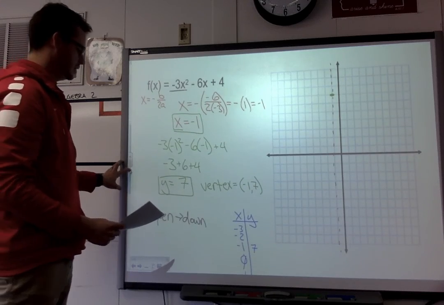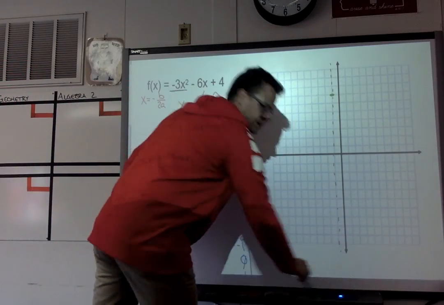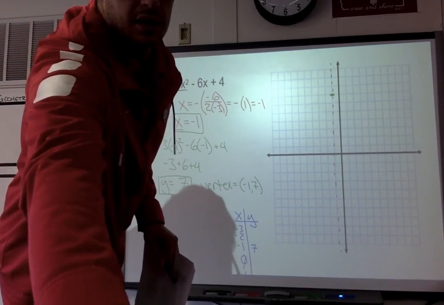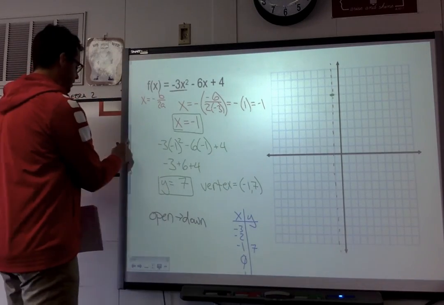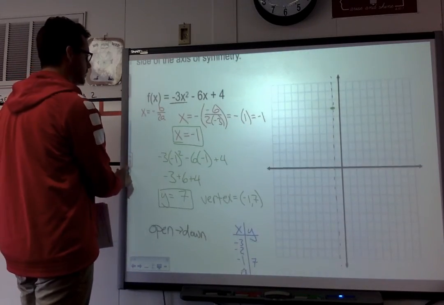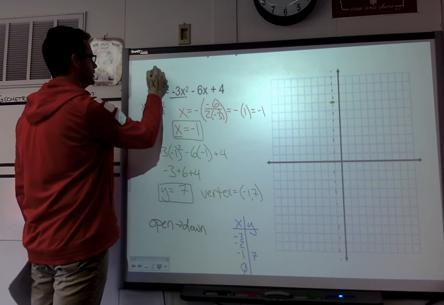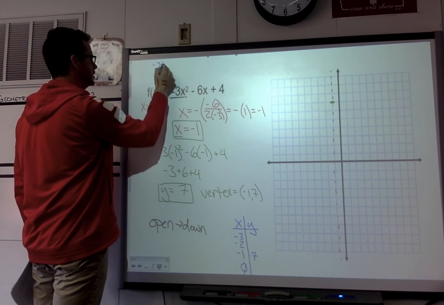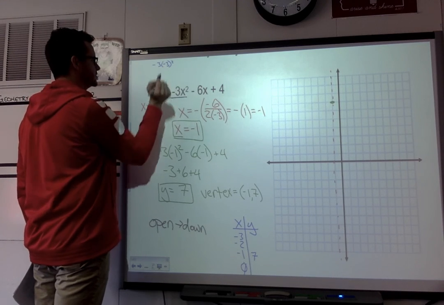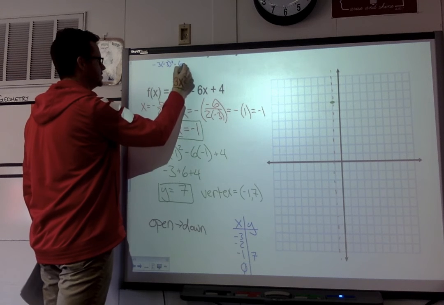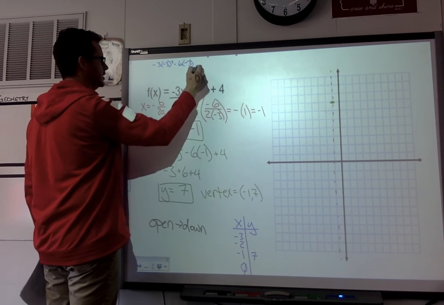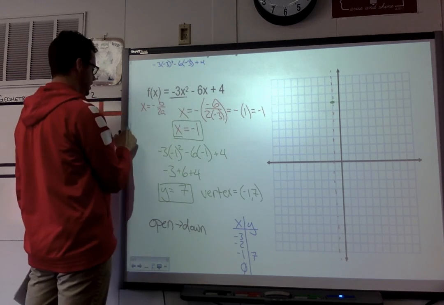So if I plug negative 3 in, that is going to give me, let's see, negative 3 times negative 3 squared minus 6 times negative 3 plus 4.